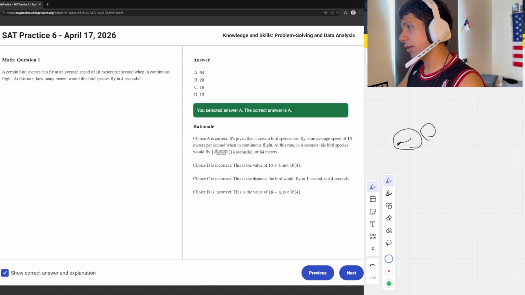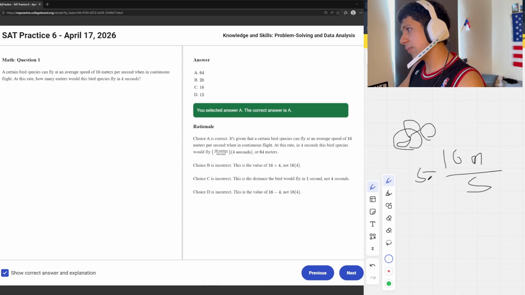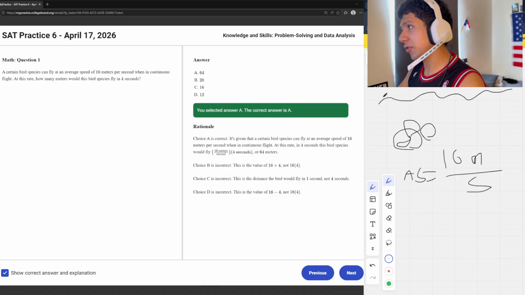This bird can fly at an average speed of 16 meters per second, and that's when in continuous flight, so they're going non-stop.